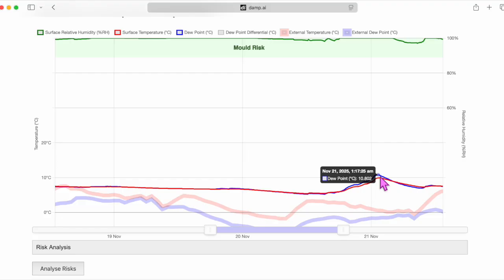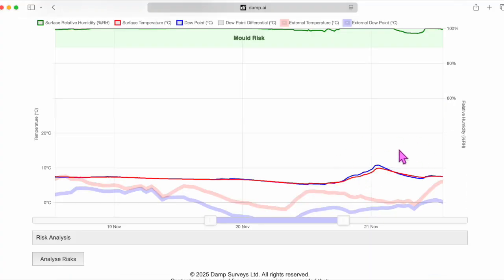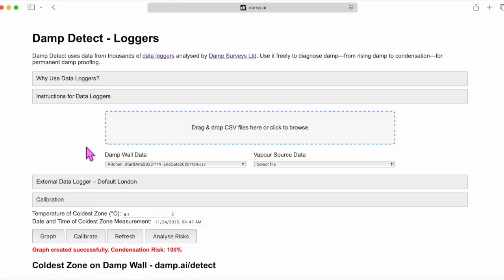There's a high dew point there, and yet the outside was low dew point, low temperature. So there must have been something that happened, maybe drying clothes, maybe somebody returning home. There can be a lot of different things. Anyway, have a look at this and use your own data on it.